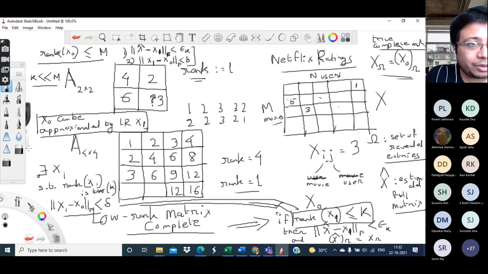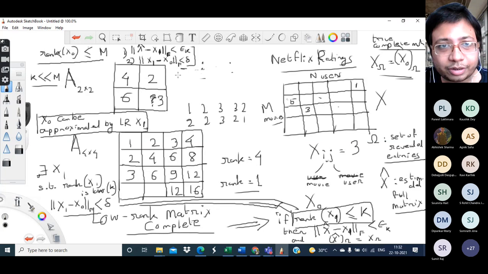Now since the Frobenius norm is a norm and I have these two relations, I can apply the famous triangle inequality. So what is the triangle inequality saying?